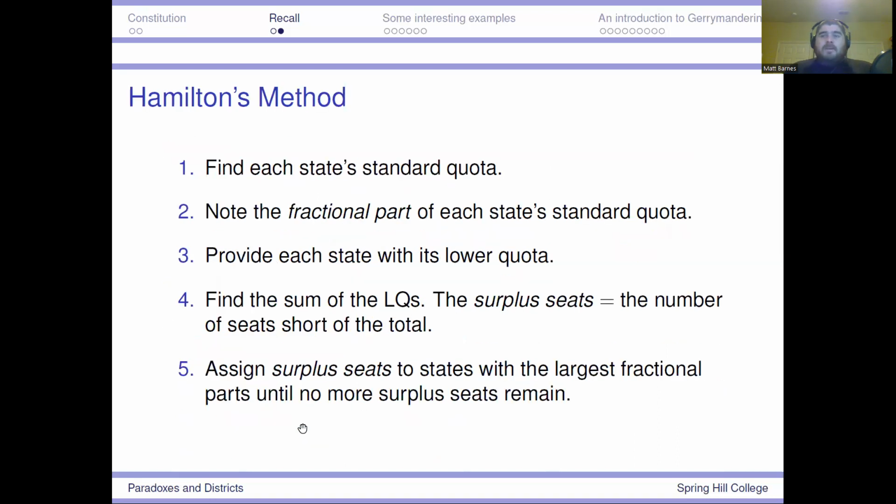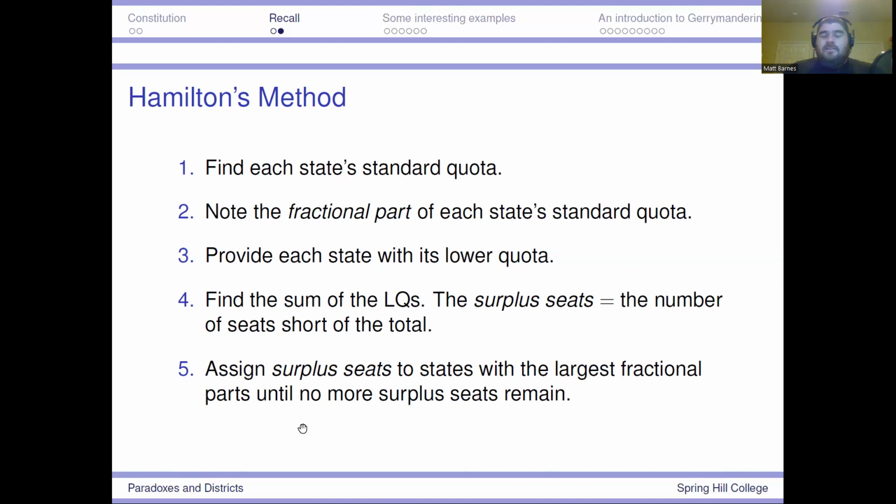So the method we're going to focus on, we covered, I think, 4 different ones last time. We're going to focus on Hamilton's method, which is where we find each state's standard quota. And then what we're going to do is give out a number of seats equal to every state's lower quota, and then see how many seats we have left over. And then I'm going to give out those extra seats based on who has the highest fractional part in each state's standard quota.